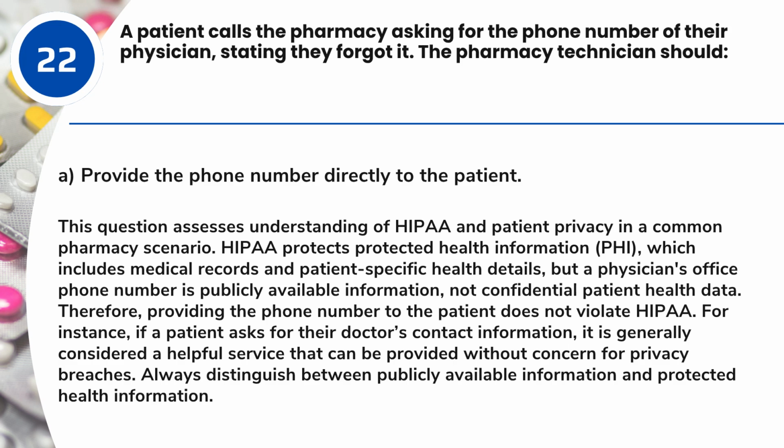Therefore, providing the phone number to the patient does not violate HIPAA. For instance, if a patient asks for their doctor's contact information, it is generally considered a helpful service that can be provided without concern for privacy breaches. Always distinguish between publicly available information and protected health information.